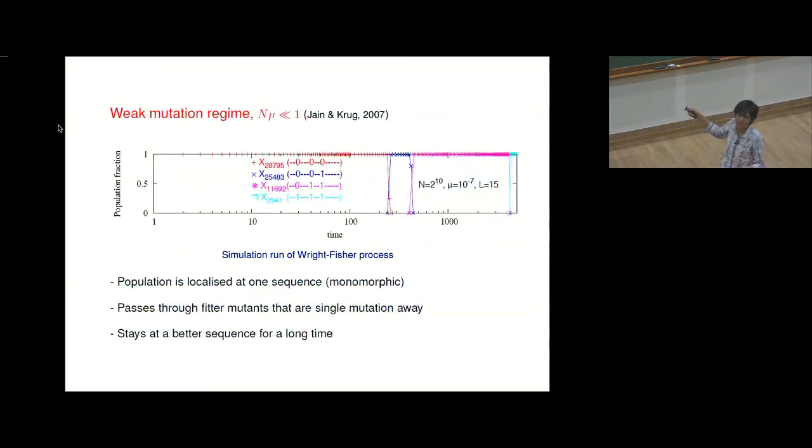So what would happen? I started with population, forget these numbers, they have a meaning, but let's just look at these numbers instead. 0, 0, 0. The dash, dash, dash again represents things which are same in all these sequences, so that's why I'm not writing them. So 0, 0, 0. The fraction of that population was 1 for a long time. And then a single mutation happened here, okay?